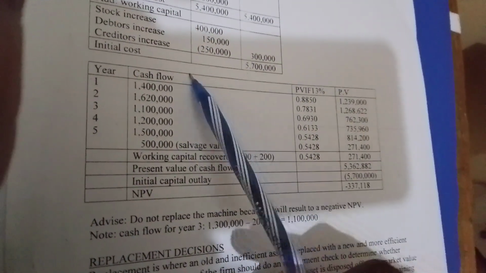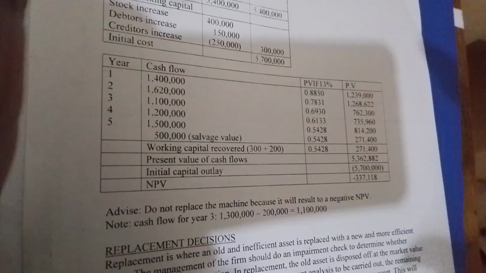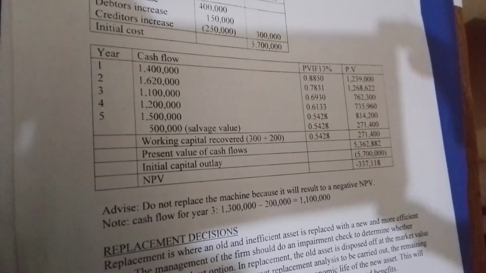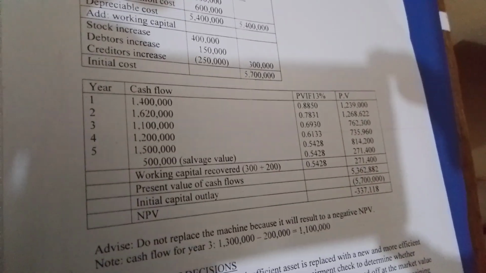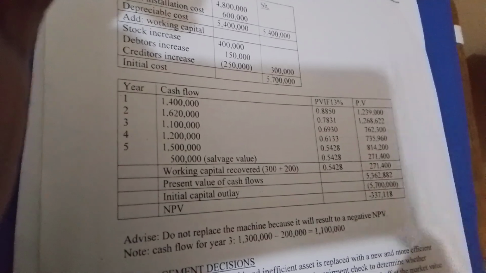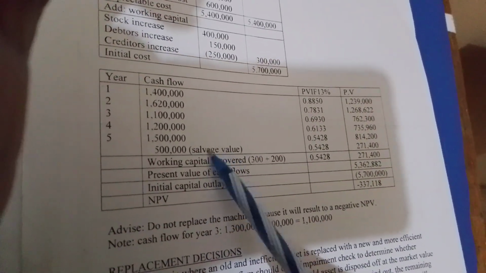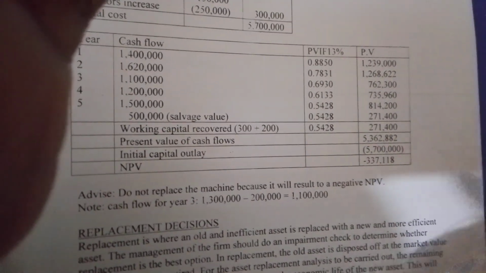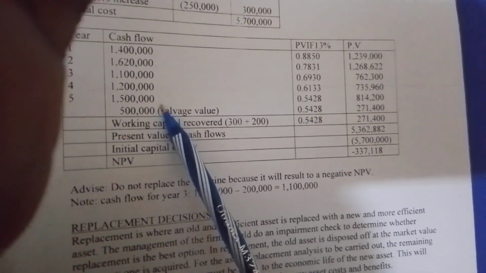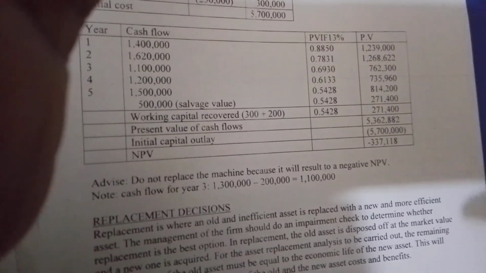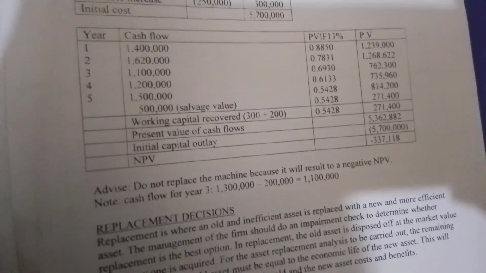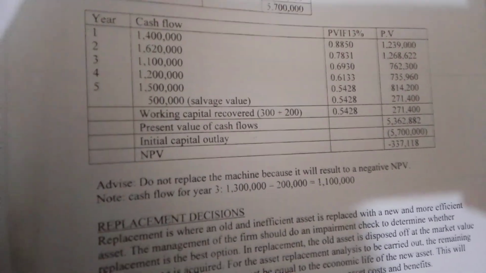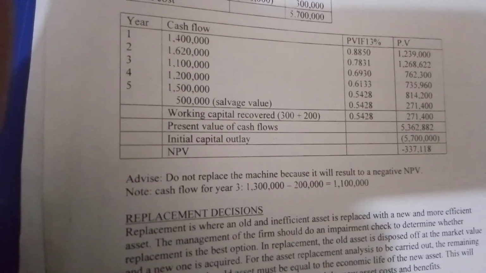The cash flows are just as they have been given, but in year 5 we have salvage value. We sold that machine at 500,000 in year 5. So in year 5 there are two cash flows: one of 1,500,000 and the other of 500,000, the salvage value.